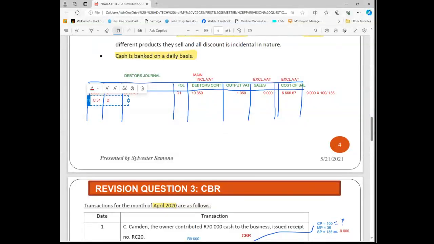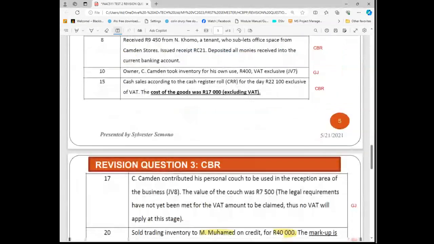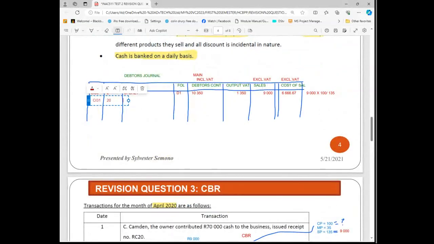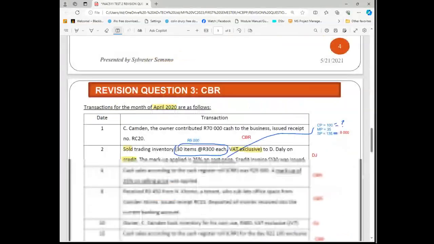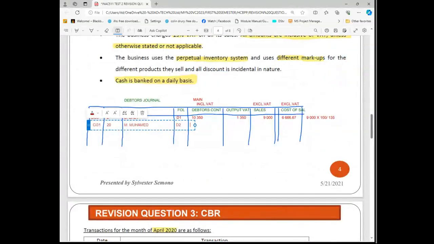What is the folio? D2. How much here? Let's check the amount. 40,000. Yes.